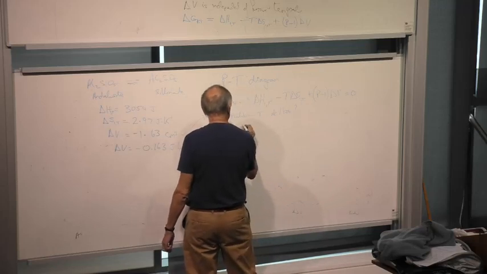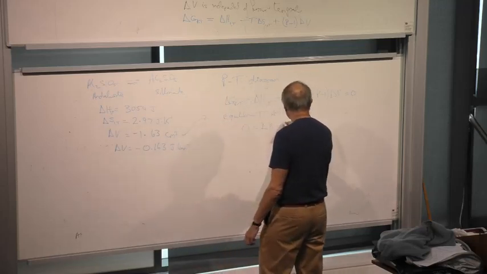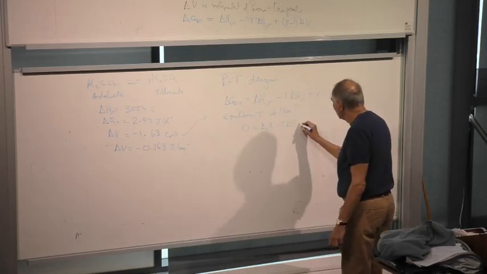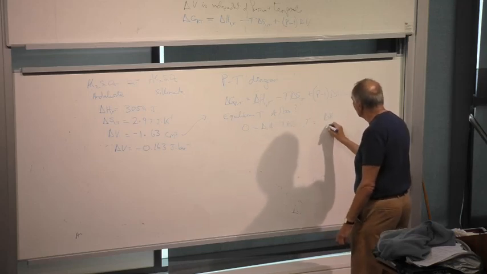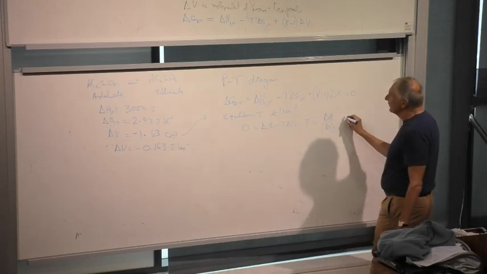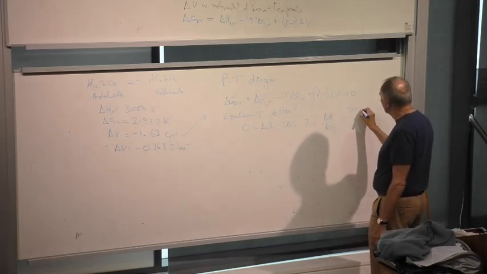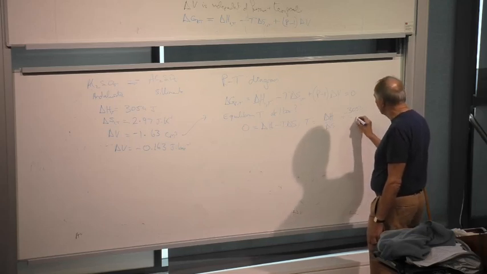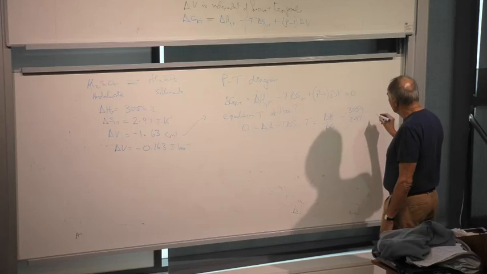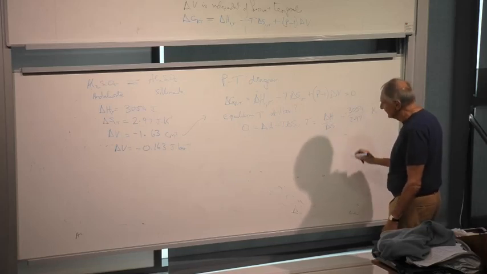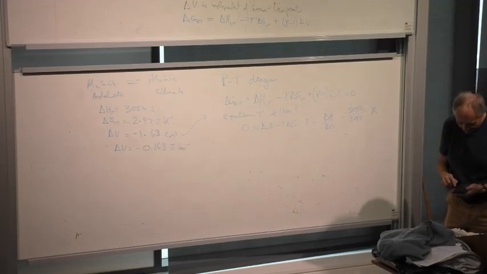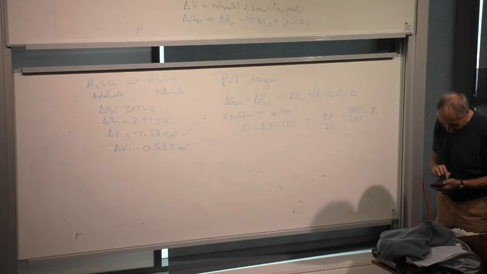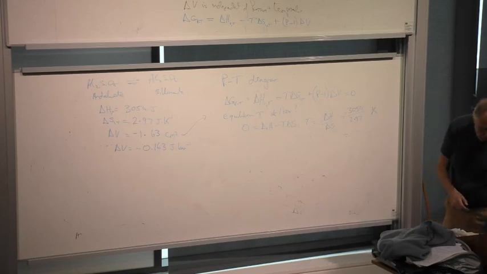And at 1 bar, 0 equals delta H minus T delta S. T is equal to delta H over delta S, which is 3054 divided by 2.97 degrees K. Got a calculator? 1,043.